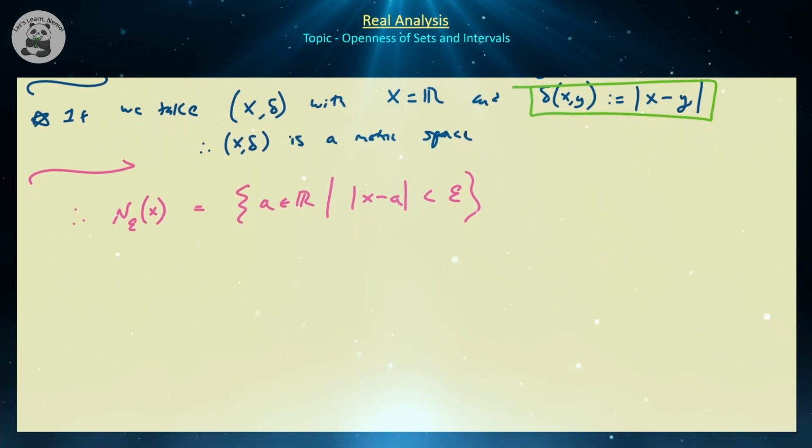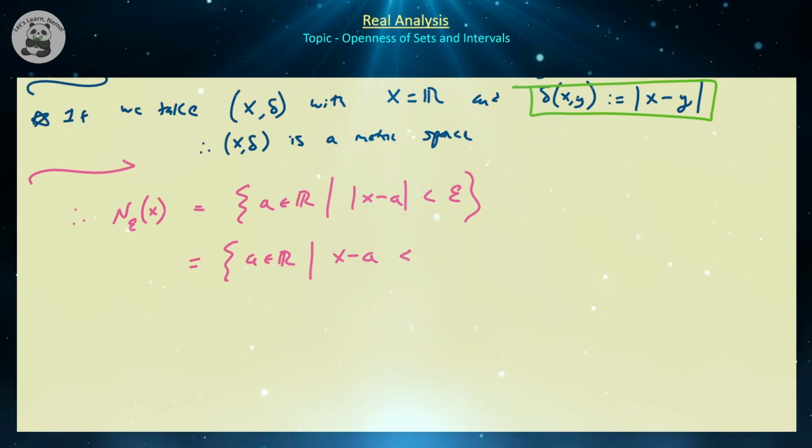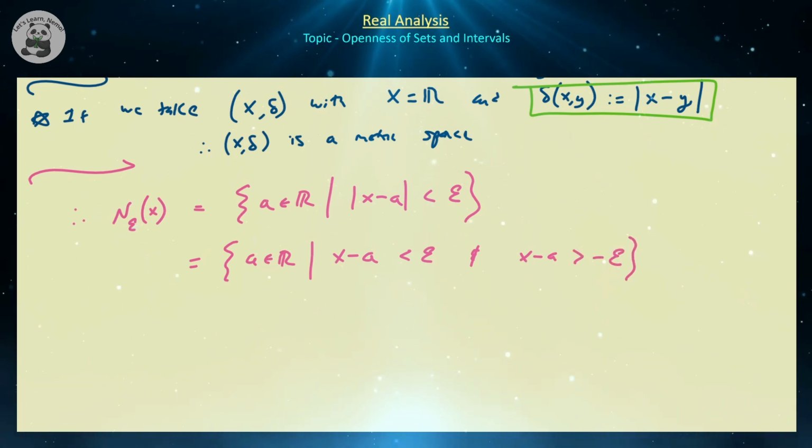So if we use the property of absolute value, then what does that mean? Again, the set of all real numbers such that x minus a is less than epsilon, and x minus a is greater than minus epsilon.